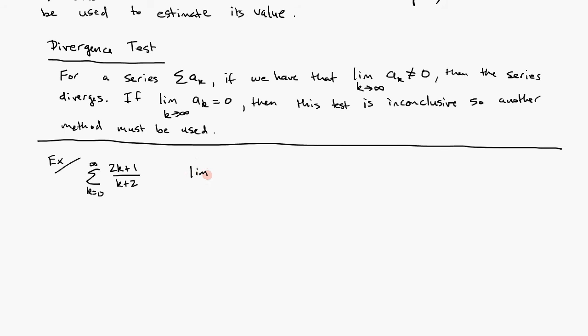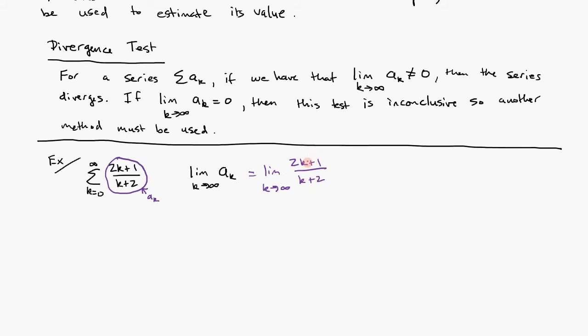So we take the limit as k goes to infinity of the terms a_k, which is this formula here. So we take the limit as k goes to infinity of (2k+1)/(k+2).